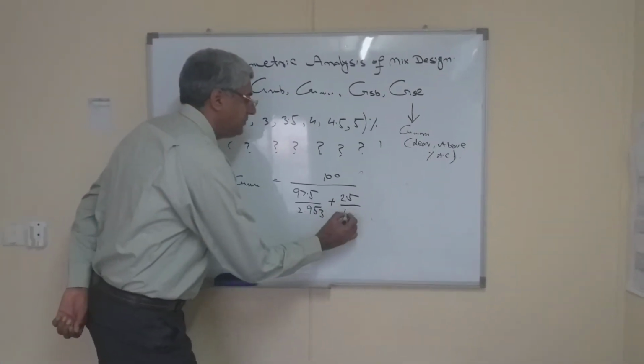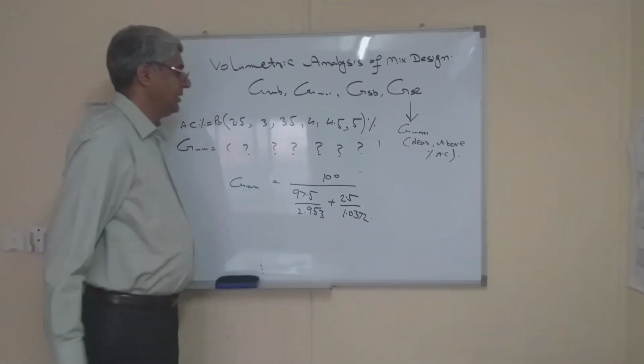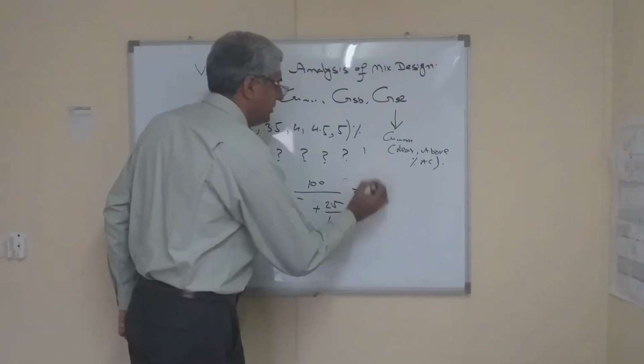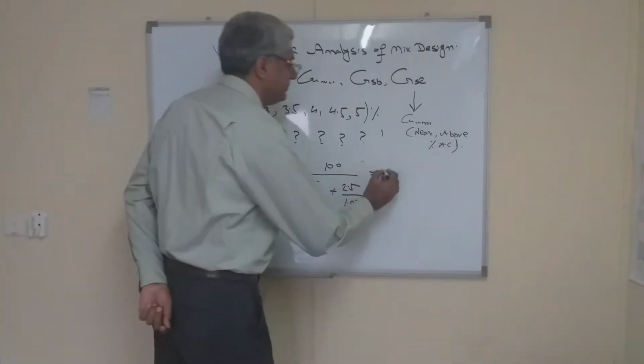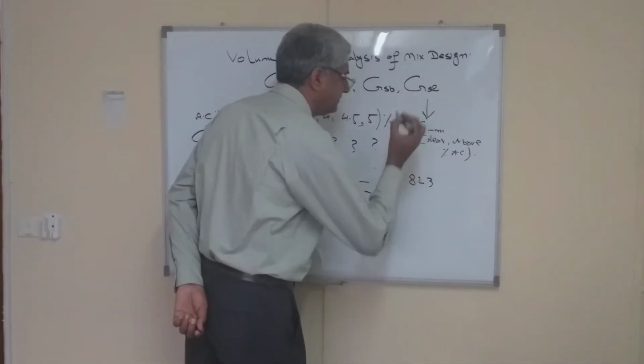Its value is 1.0372. When we make the calculation of this expression, we are going to get 2.823.